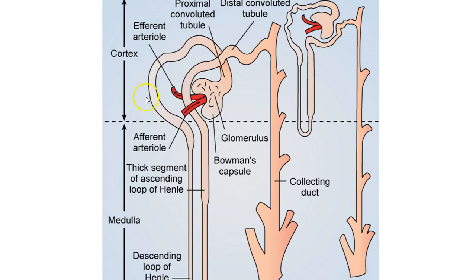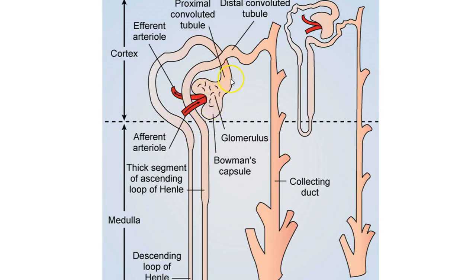It begins with Bowman's capsule, which is right here. And then it comes in through here first, and this is where your glomerulus is. And we all know what that is. That is just like a capillary membrane, and this is how the blood flow goes into that, and Bowman's capsule surrounds that.